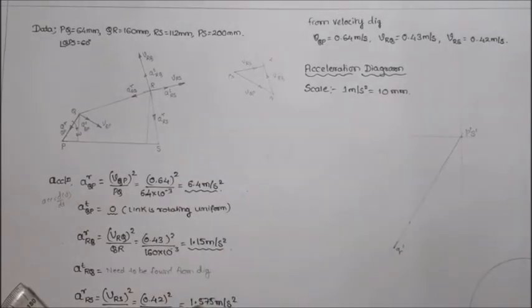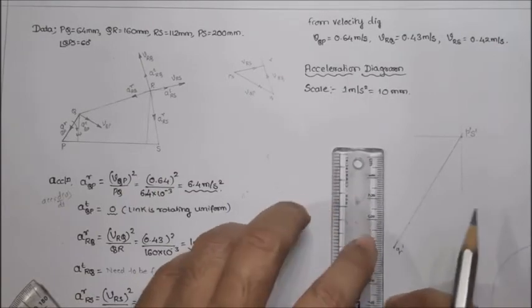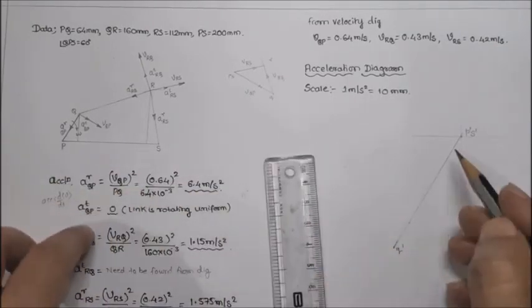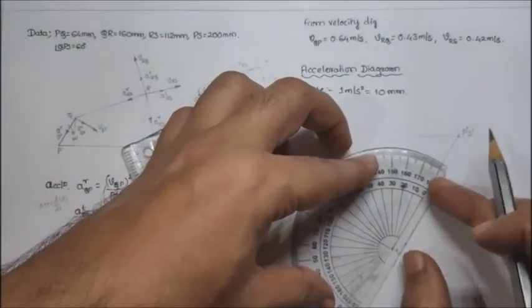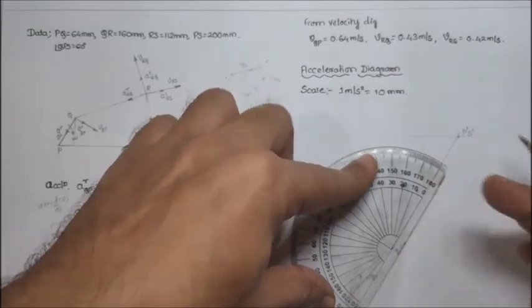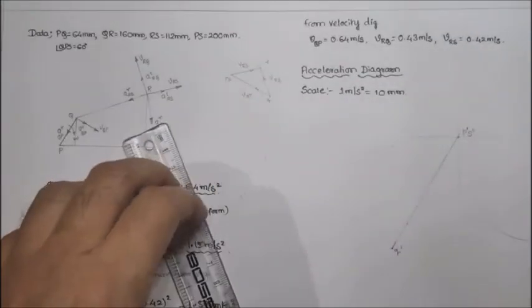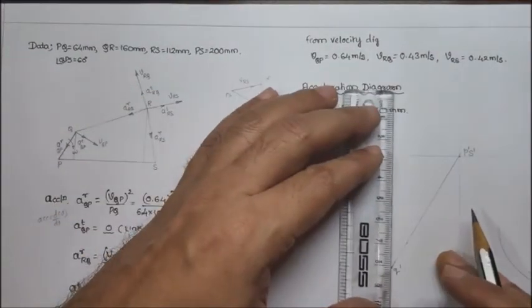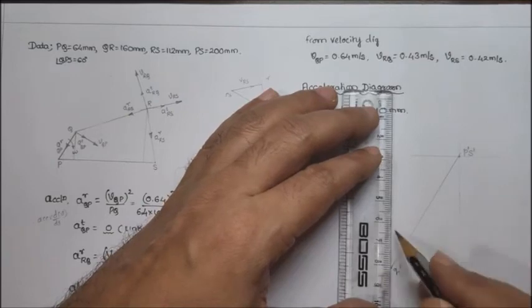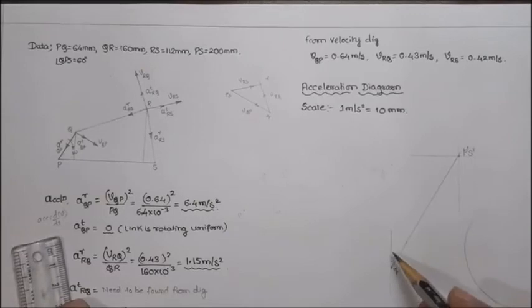For that, we'll make a parallel line for this one. As we know this is 30 degree, we'll keep the protractor at this point, measure 30, and draw one reference line.